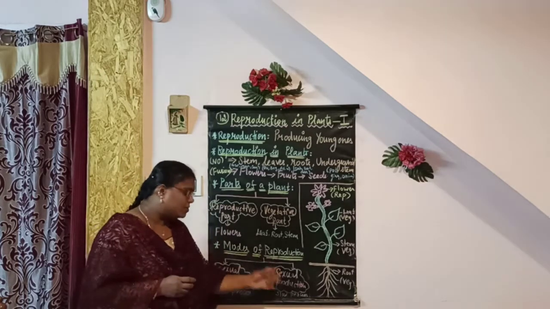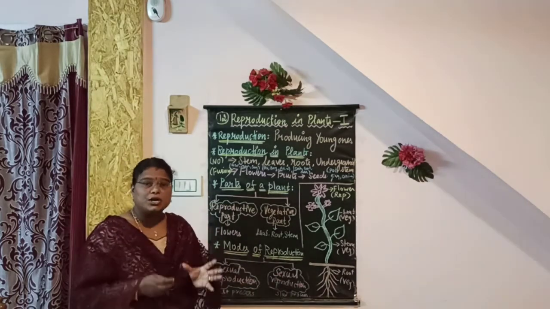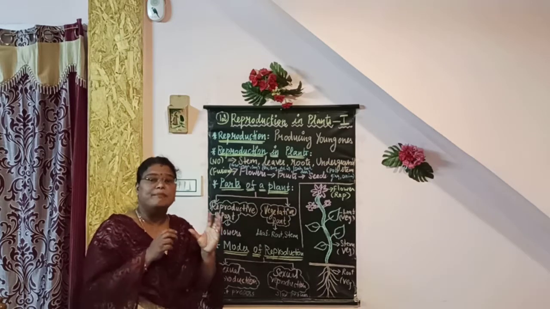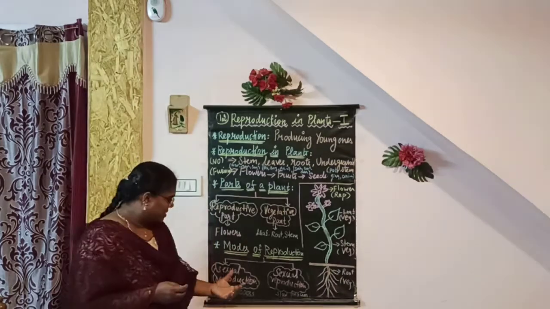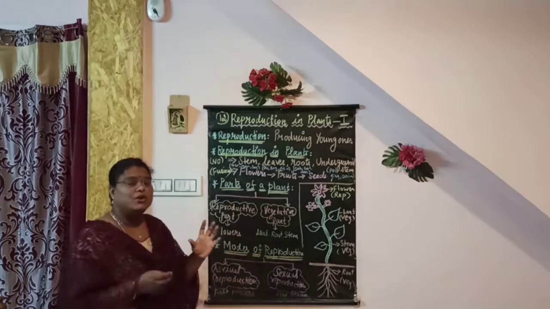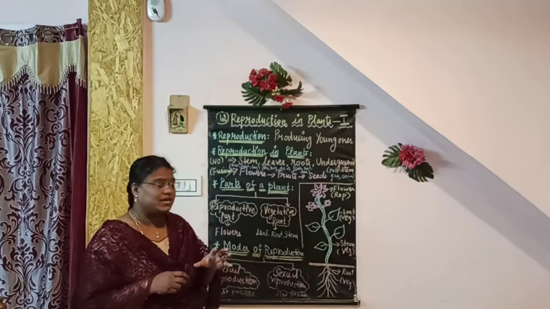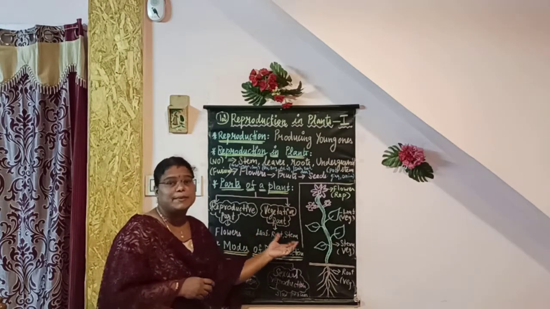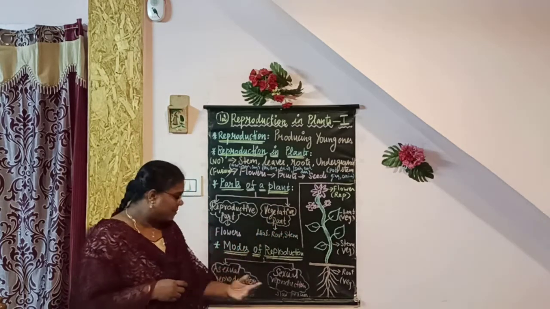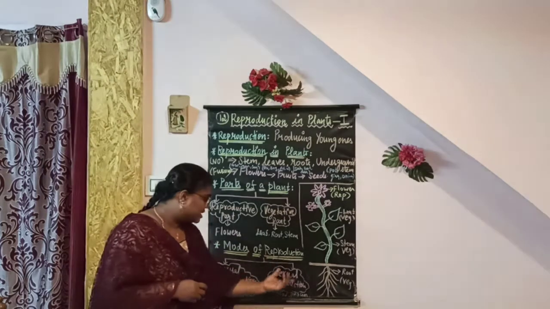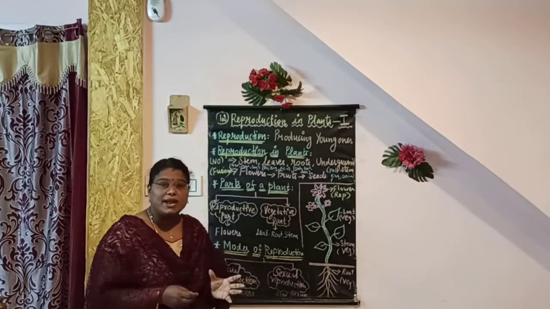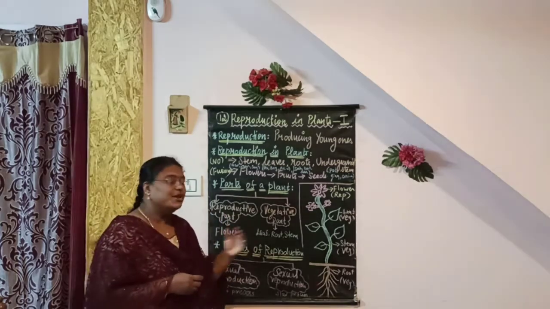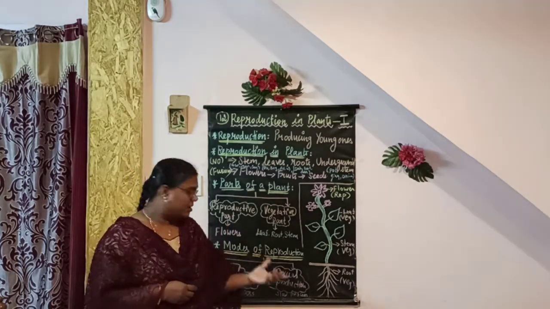And sexual reproduction is nothing but reproduction of a new plant that takes place by fusion of male and female gamete. So in asexual reproduction, no fusion of male and female gametes takes place. Through vegetative parts like leaf, root and stem, new individuals are formed. In sexual reproduction, fusion of male and female gamete takes place, and through the flowers new individuals are formed.